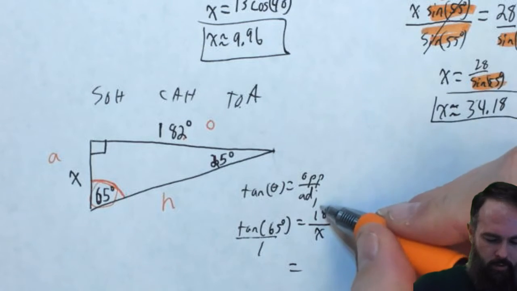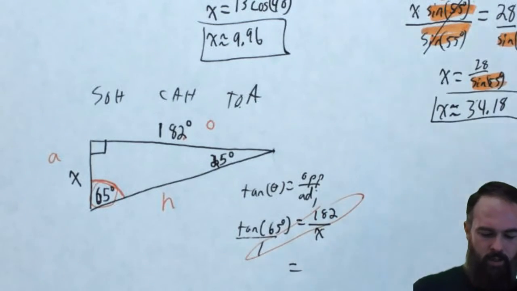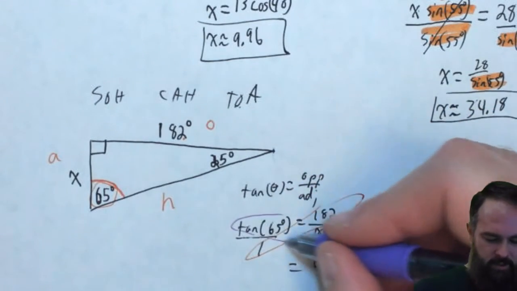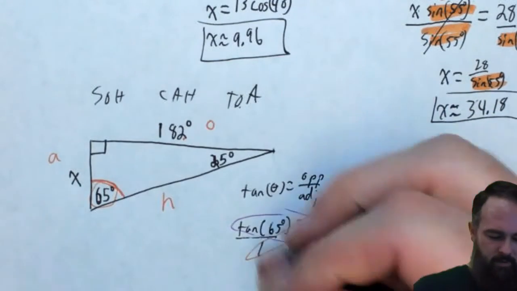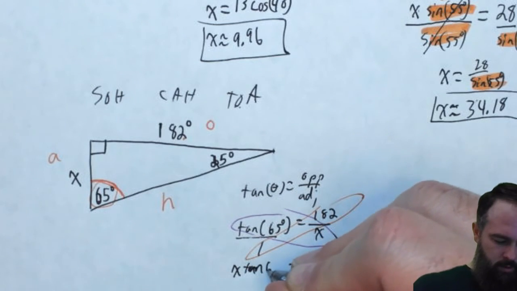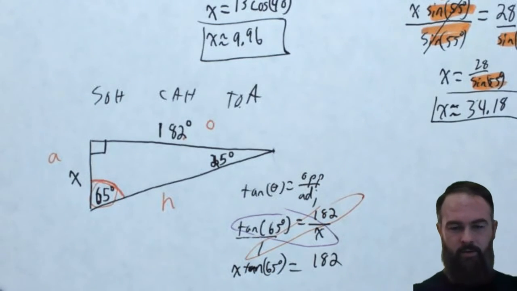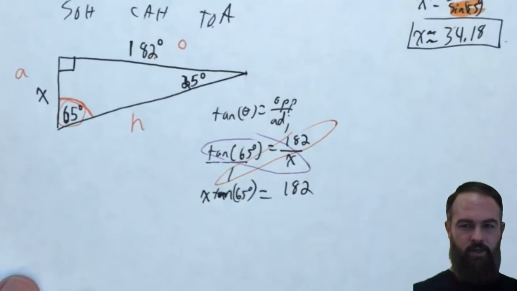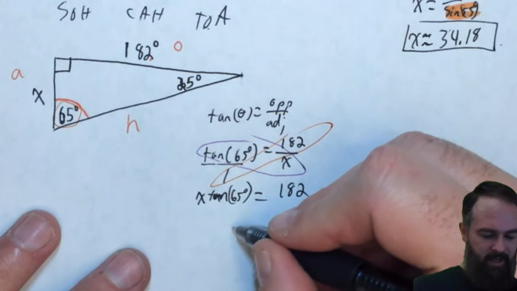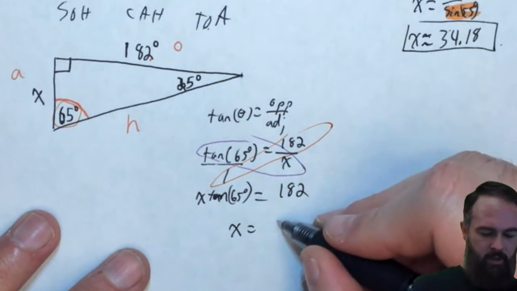And here we go. We've got the 182 times 1 is 182. We've got the tangent 65 times x gives me x tangent 65 degrees. Sorry, my handwriting got sloppy there. It says tangent, I promise. Then divide both sides by tangent 65. I'm not going to write it both times this time.